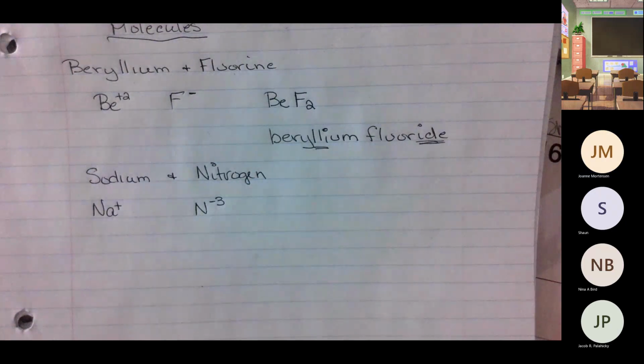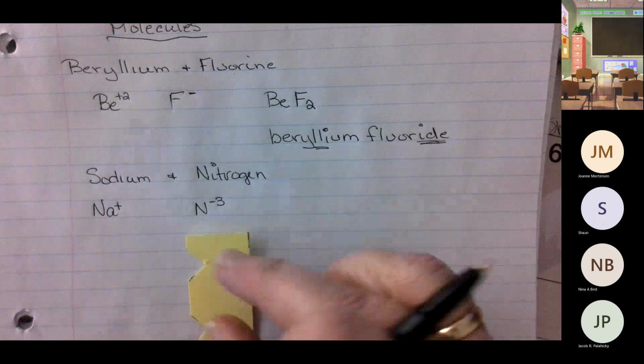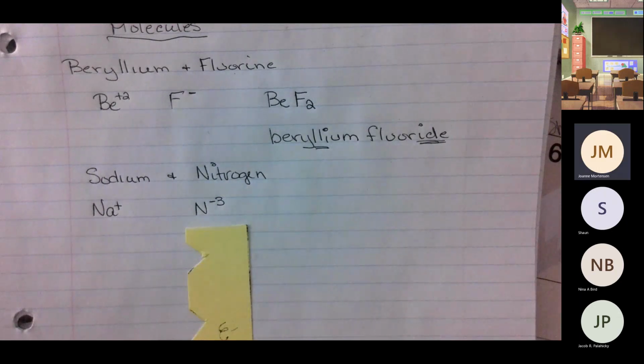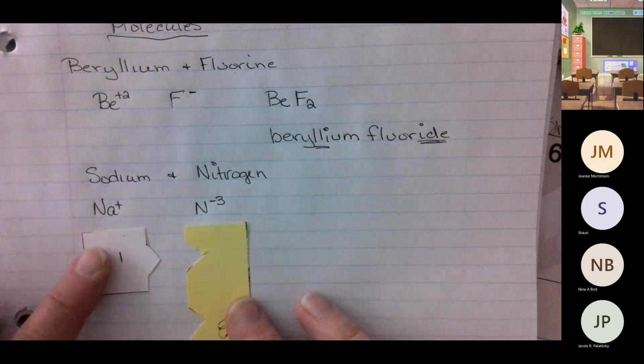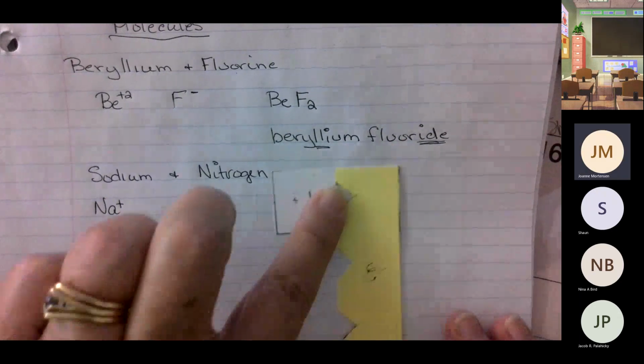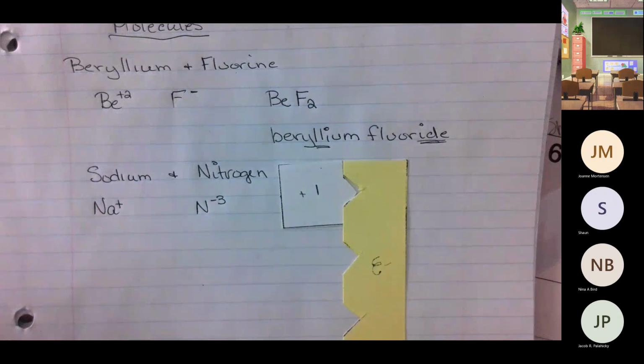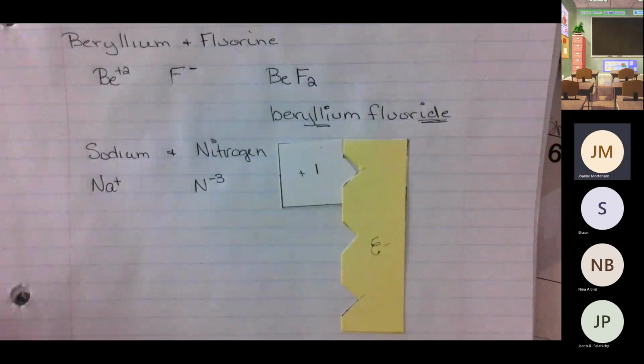There we go. So then we get our little pieces out and we find a minus 3, and we need a 1. I'm going to put it over there so we can see it. Nope, this way.